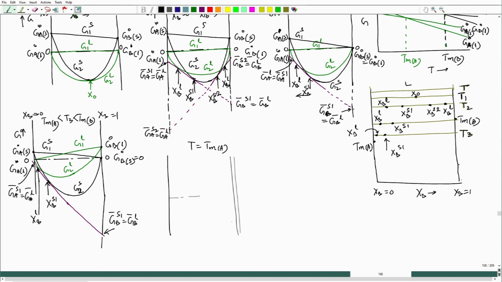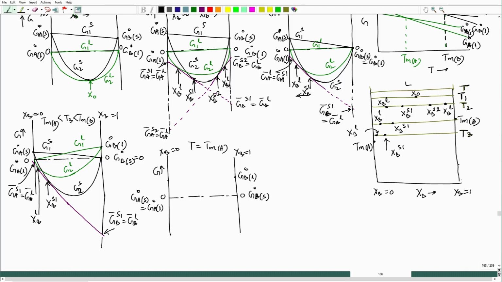In that case, XB equal to 1, XB equal to 0, this is G. Here would be GB naught for liquid, and this is GB naught for solid, and here GA naught for solid is equal to GA naught for liquid, because at the melting point the free energy of pure solid A and pure liquid A will both be the same.